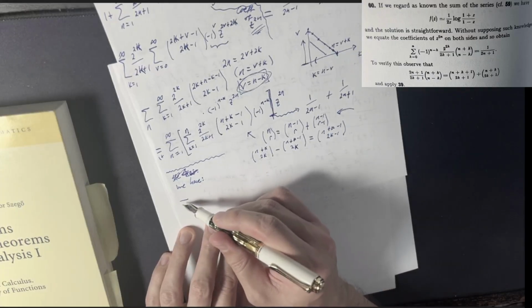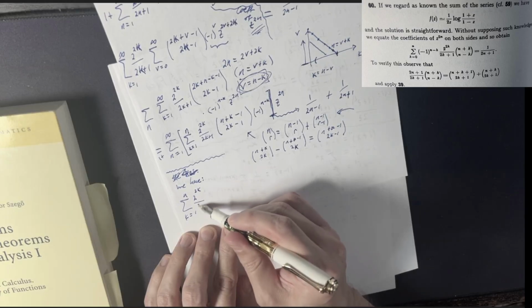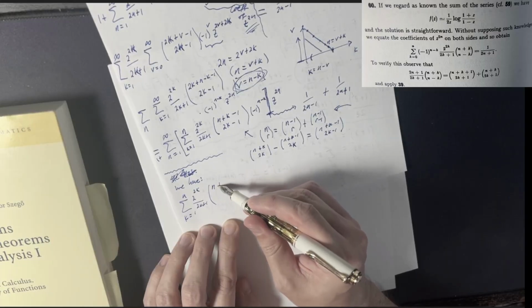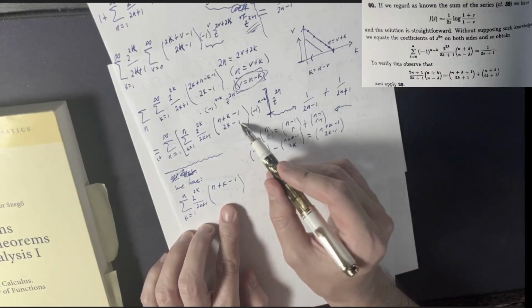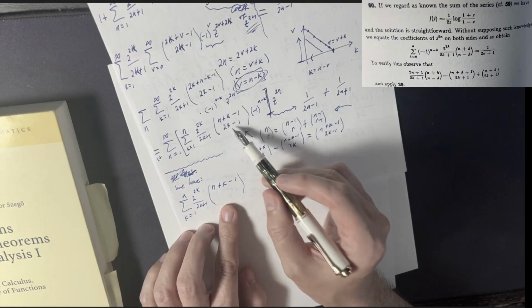I got k is 1 to n, 2 to the 2k over 2k plus 1. And then I just went the wrong direction with it. Instead of n plus k, well, that part's staying the same. But downstairs, instead of 2k minus 1, I want to write this minus that, basically.